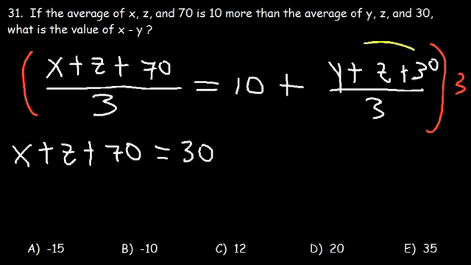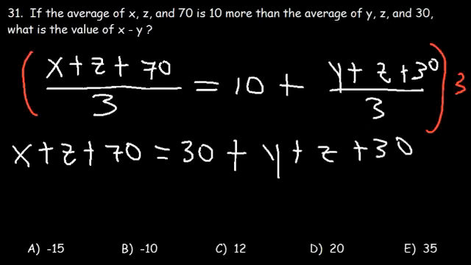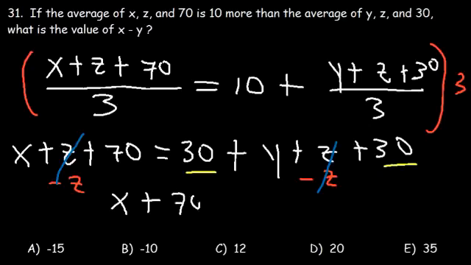And the 3 times this fraction, the 3's will cancel, so that will equal y plus z plus 30. At this point, we can add like terms, and at the same time, subtract both sides by z. So the z variables will cancel, and 30 plus 30 equals 60. So right now we have x plus 70 is equal to 60 plus y.